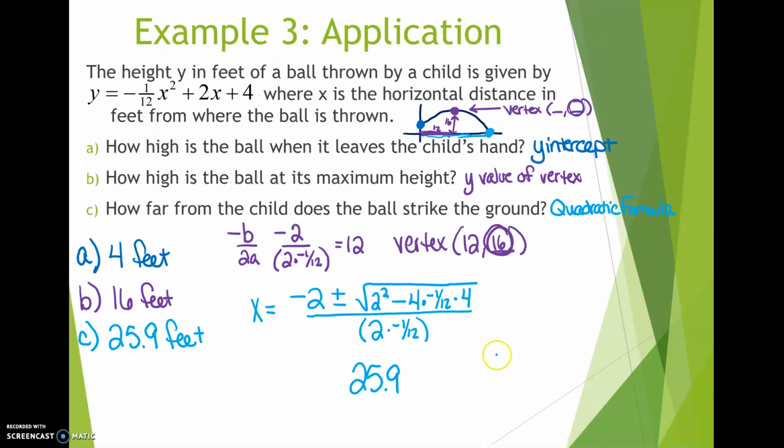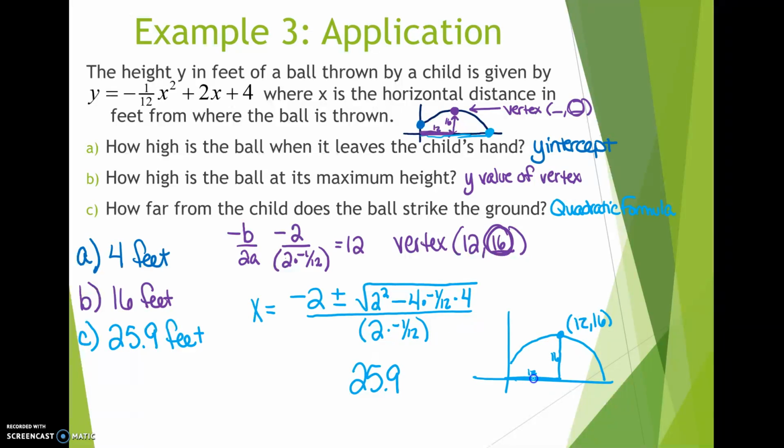Now I want to show you a little bit of magic, because on a test, instead of saying how far exactly from the child does the ball strike the ground, I would ask you approximately how far from the child does the ball strike the ground. Because to get to this point, 12, 16, we have to go 12 feet over and then 16 feet up.